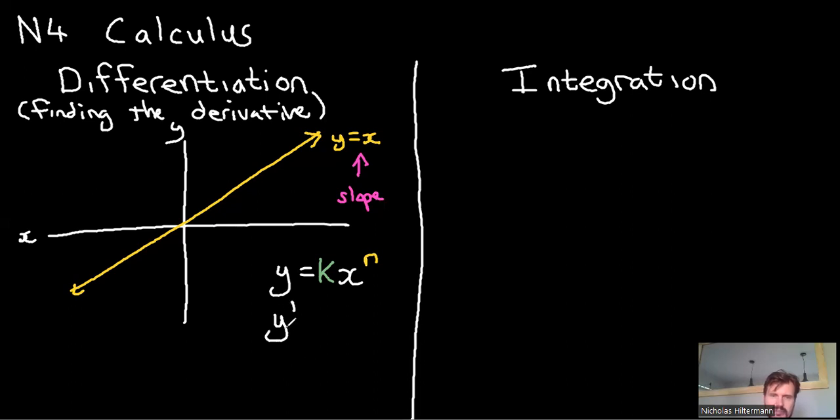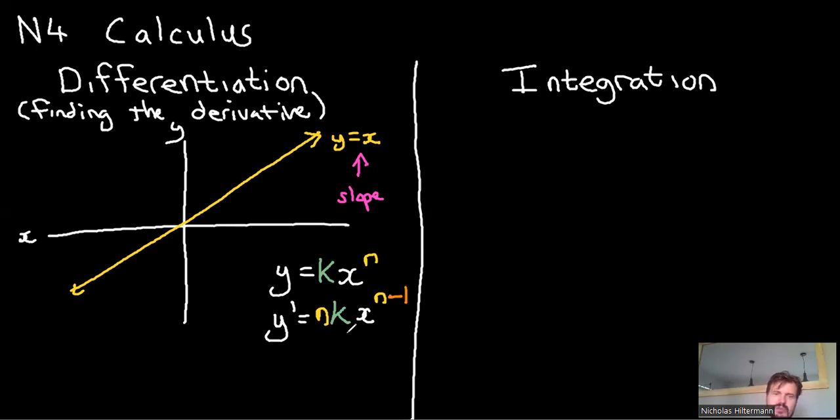That means the derivative. What we do is we multiply the front by n. K just remains there, so k could be, say, 2 or 3 or whatever, it just stays there. And then we write our x, and then we take 1 off the n. So we'll say n minus 1.